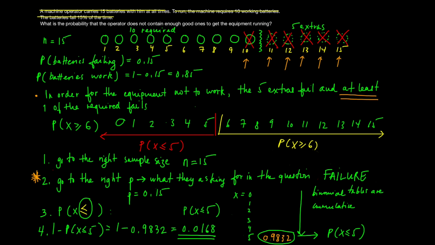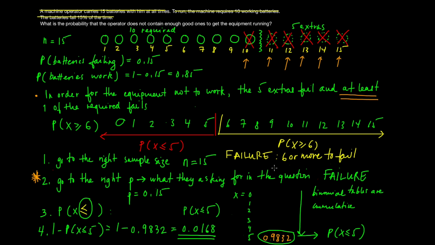So in the same way that if I'm using the probability of the batteries failing, for the failure, we would need for 6 or more to fail for the equipment not to work, right? Which is what we have here.